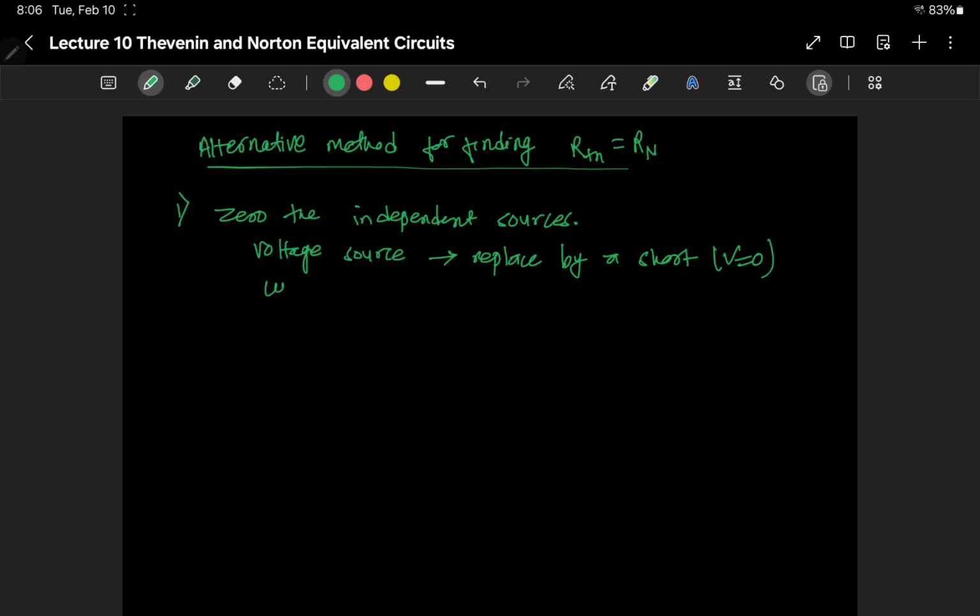And if you have a current source, we replace it by an open circuit, which is basically current I equal to 0.